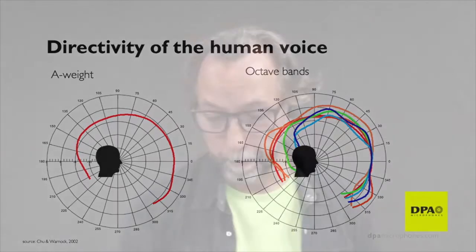That's not the same as saying that if you put a microphone down here, you have better speech intelligibility than if you put it up here. That's actually the contrary, because level is not the same as speech intelligibility.